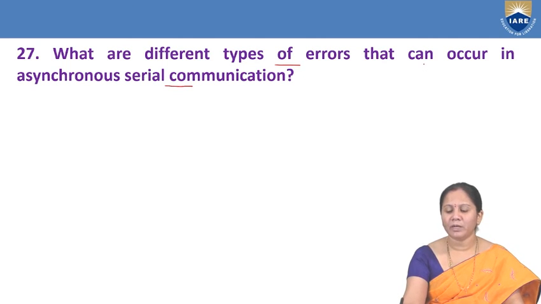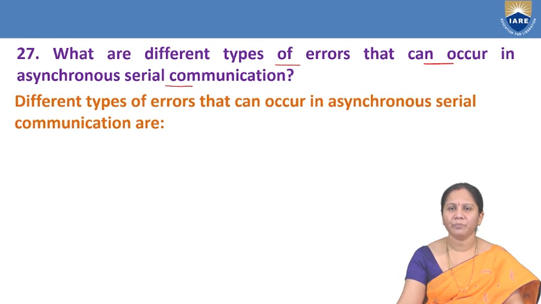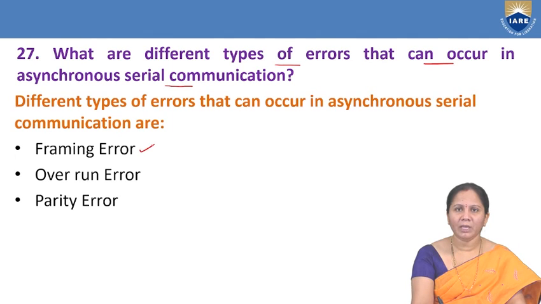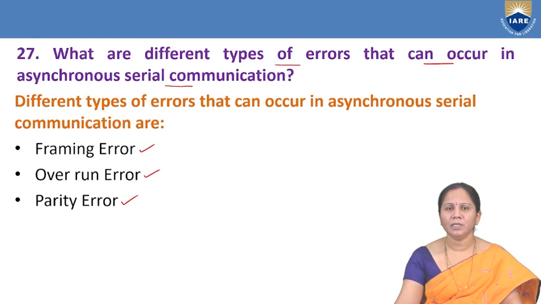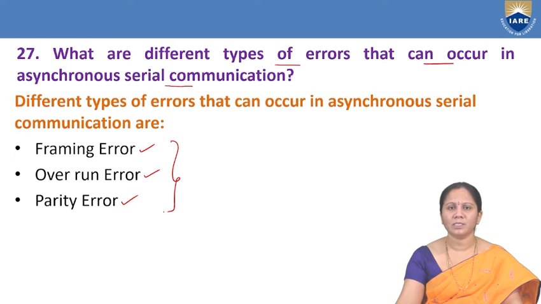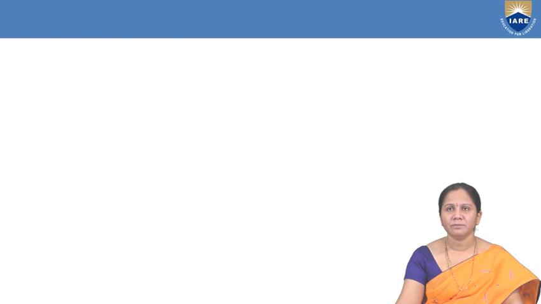Now, what types of errors can occur during asynchronous serial communication? The different types of errors are framing error, overrun error, and parity error. So this 8251 USART is capable of finding all these errors during asynchronous communication.